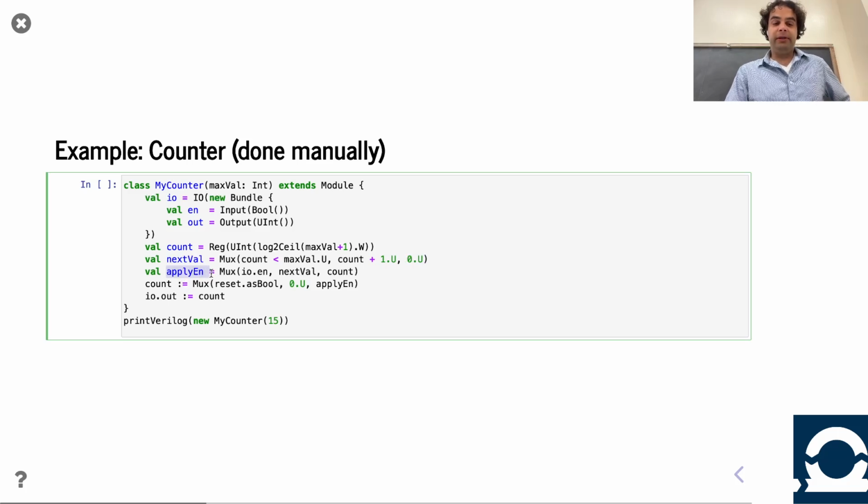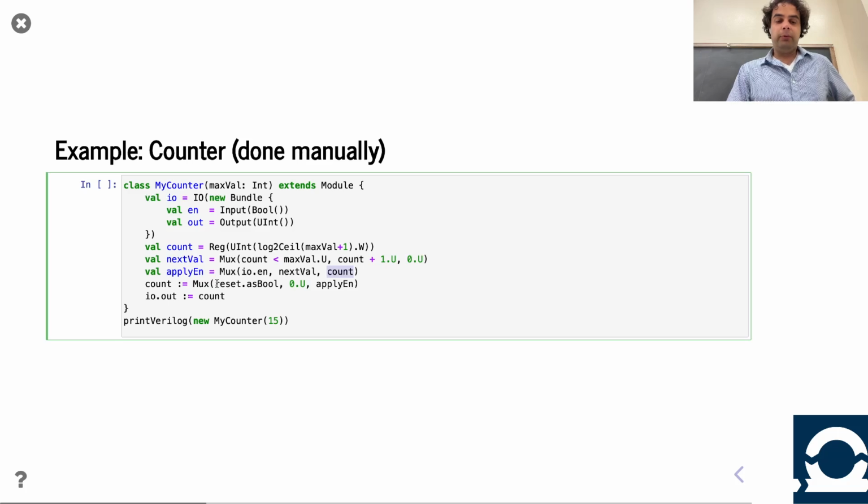If someone applies the enable signal, great. Then when io.enable is true, we increment the count or wrap around as needed. That's the next val. If the enable signal is false, then we just keep the current value. We don't change count.